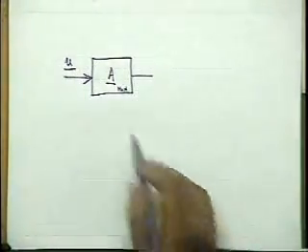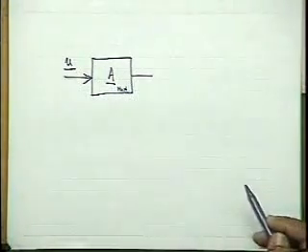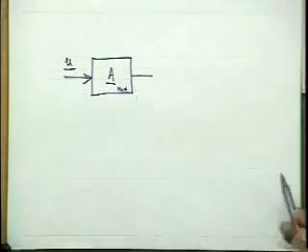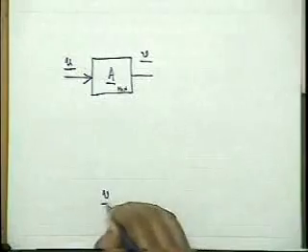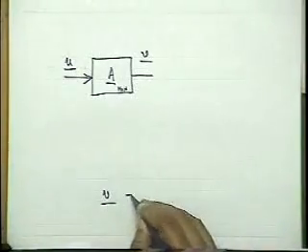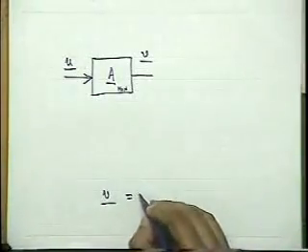What are we going to call as the output of this transformation? Simply V, the vector V, because we have been all along writing that the transformed vector V is equal to A u.